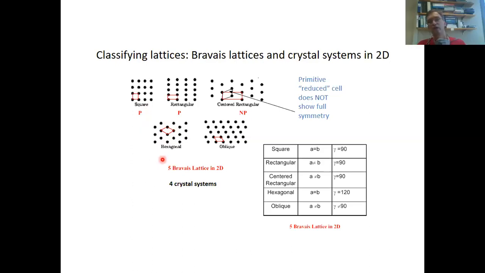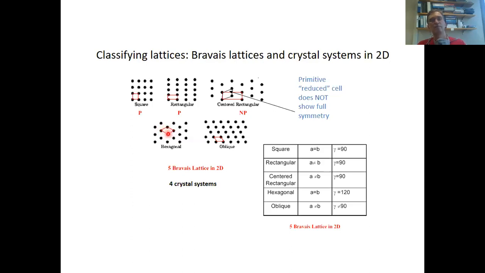All right. So now how do we define the unit cell in the hexagonal crystal system? One would actually see the hexagonal symmetry more clearly if we defined the unit cell as a hexagon, like this one, which is centered. However, the six-fold symmetry can only be seen when you define a smaller unit cell, such as this primitive unit cell.